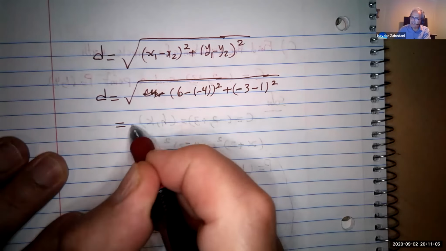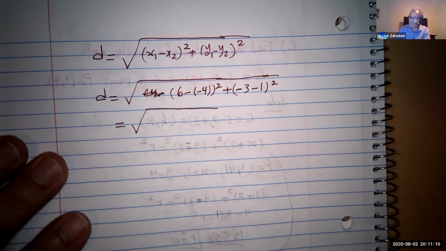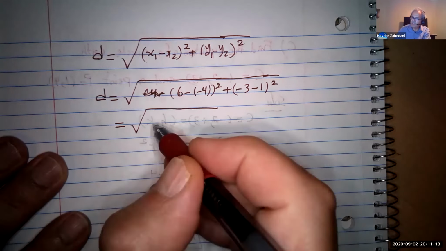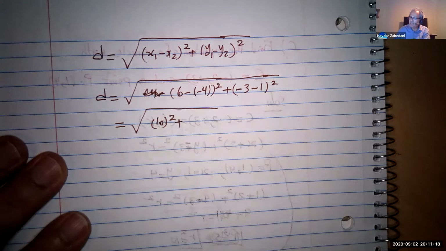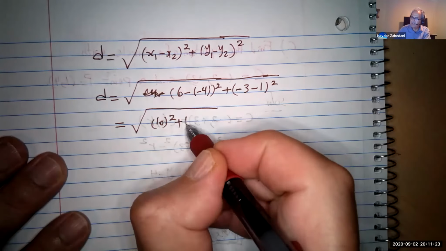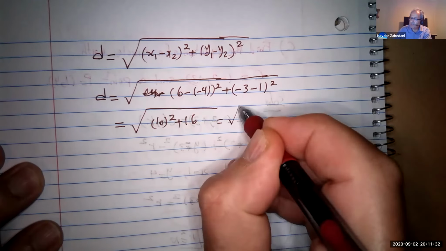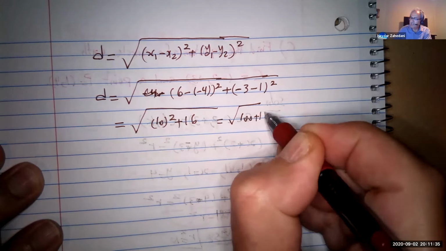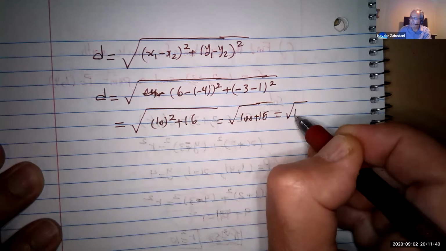Okay, so it's going to be equal to, negative, negative, positive, so it's going to be 6 plus 4, which is 10 squared. Okay, plus a negative 3 minus 1 would be negative 4. Negative 4 squared would be 16. So we check the first one is going to be 10 squared. And the second one would be 16. So it's going to be 100 plus 16, which is going to be the square root of 116.